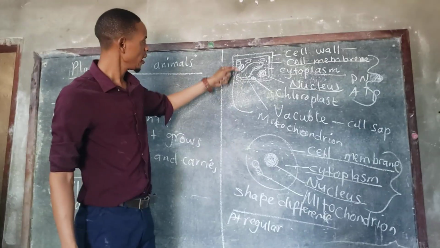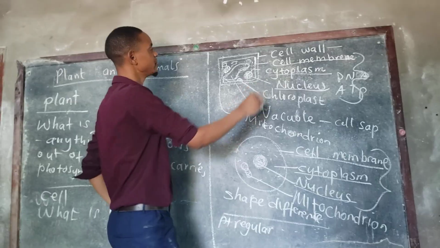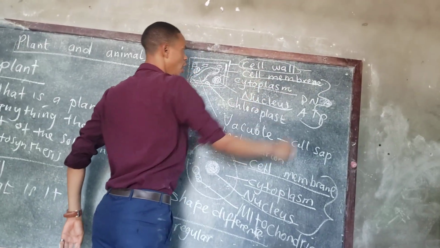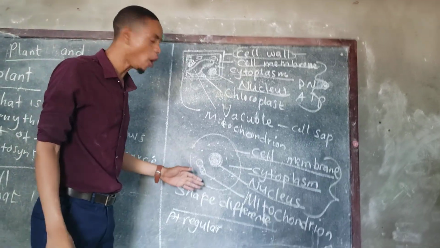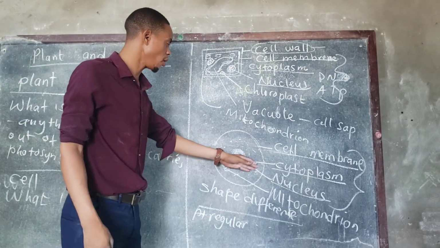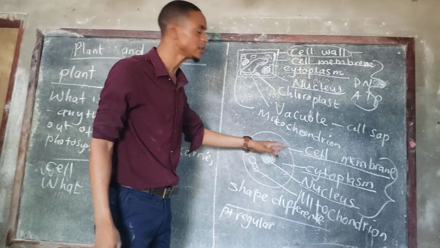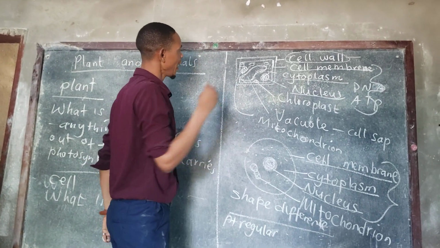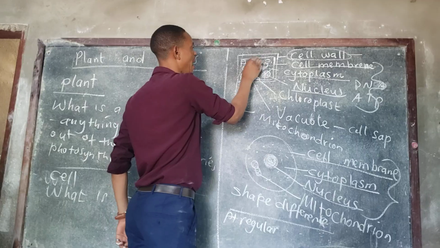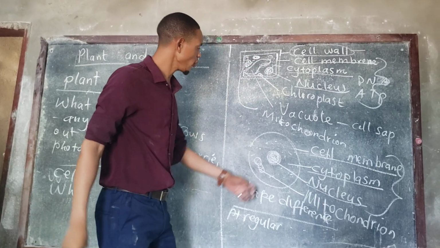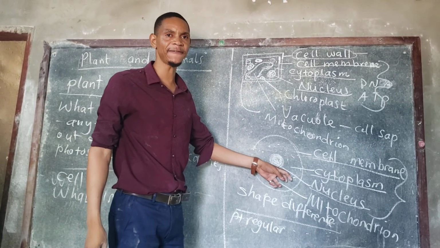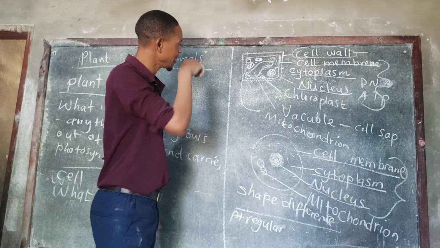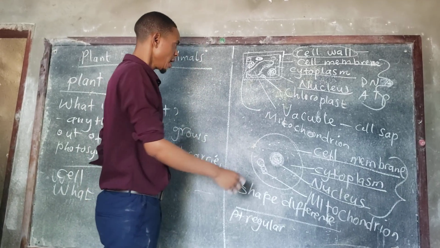Organelle structure. The plant cell is made up of a cell wall of cellulose, while the animal cell is not made up of cellulose. The plant cell has chloroplasts, while an animal cell does not have chloroplasts.